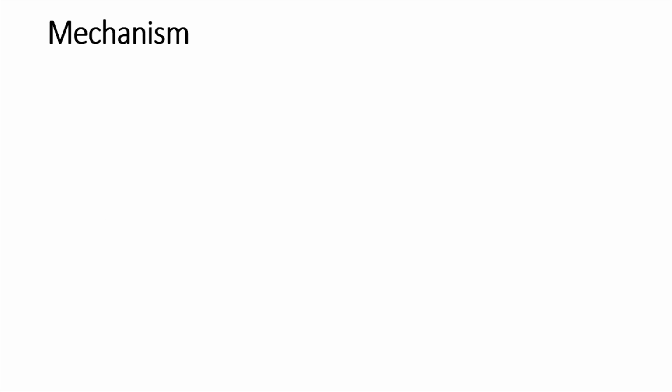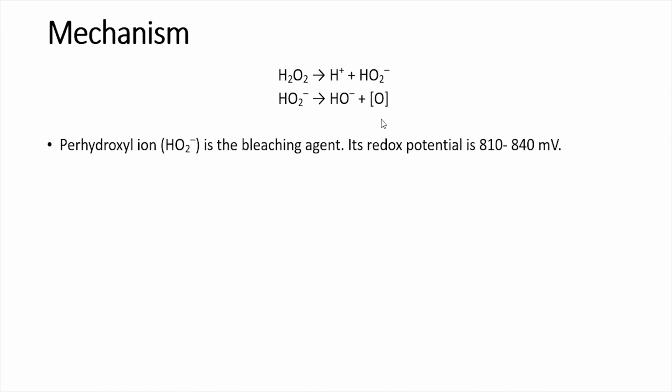And the mechanism of hydrogen peroxide bleaching is that H2O2 is converted into H plus and HO2 minus, and this HO2 minus is again converted into HO minus and nascent oxygen. This nascent oxygen is responsible for bleaching of textile materials.